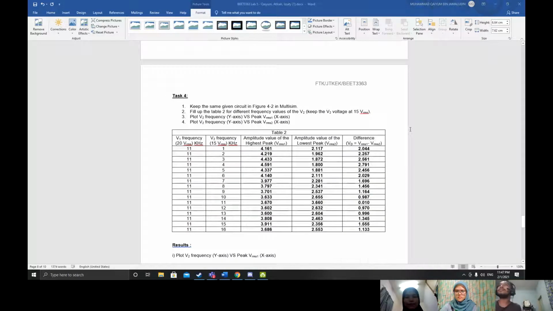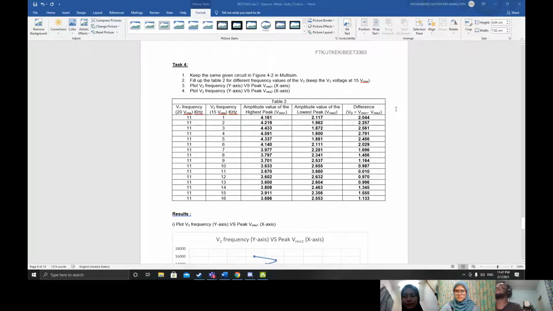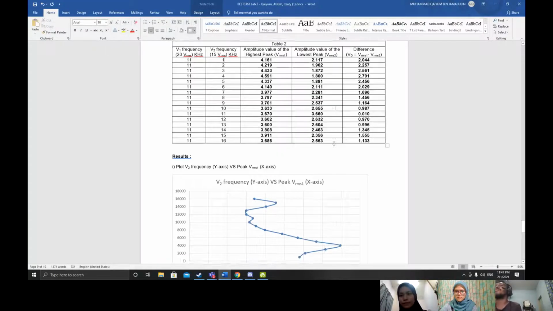So Assalamualaikum. For task 4, it's the same circuit, but the procedure is to change the V2 frequency, while keeping the V1 frequency constant at 11 kilohertz and V2 increasing from 1 to 16.